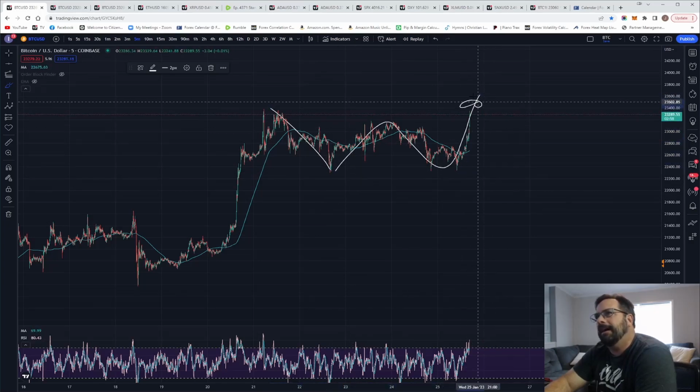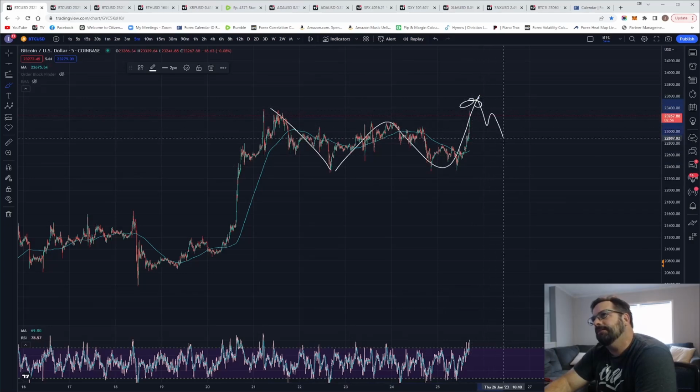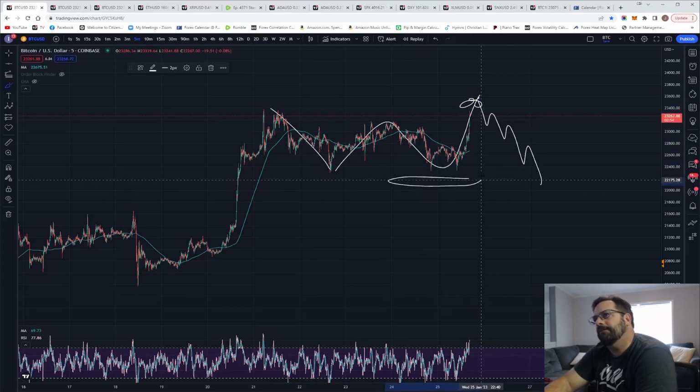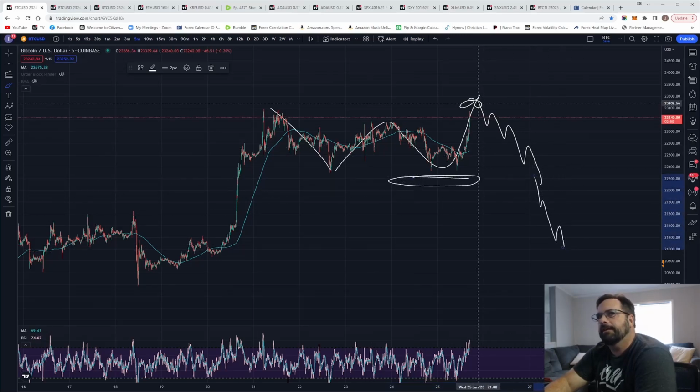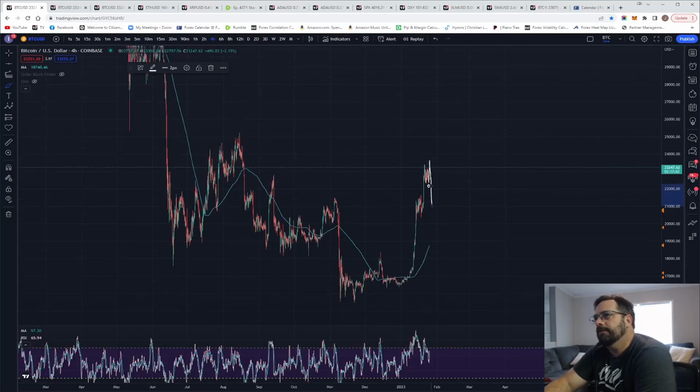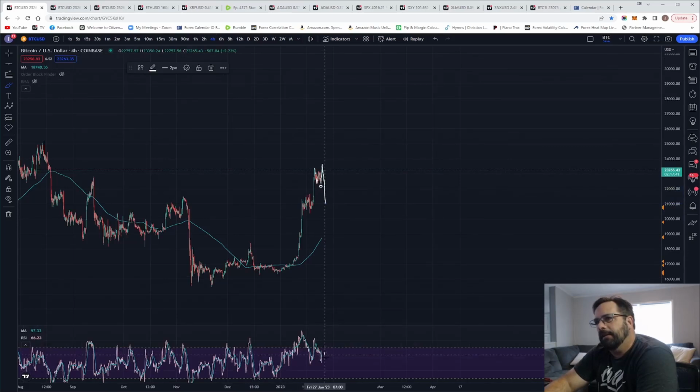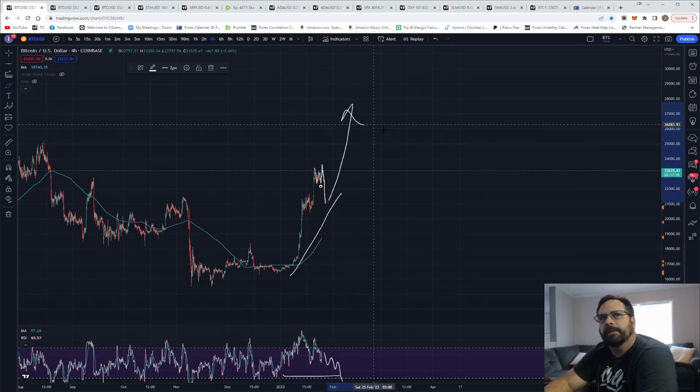It breaks the top, okay, and then comes down fairly quickly, takes out the liquidity. All right, it could even come down even lower. Okay, comes down in 5 waves, and then allows the market to reset on the 4-hour chart. Okay, check it out. This would allow the market to reset on the 4-hour, creating hidden bullish divergence and be ready for the next move to the upside.